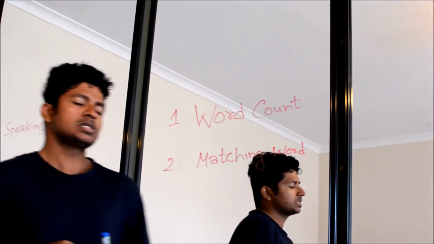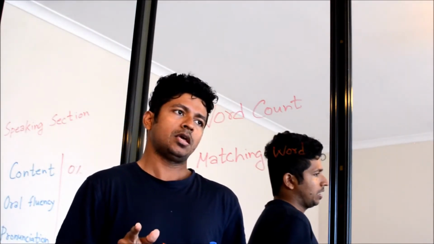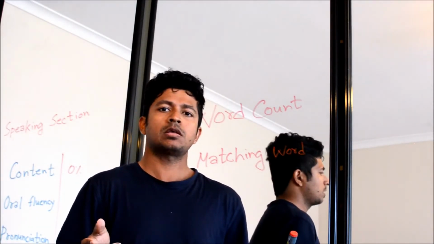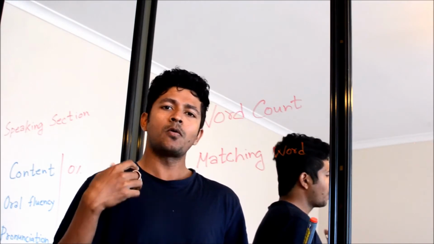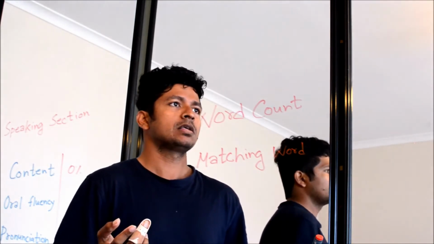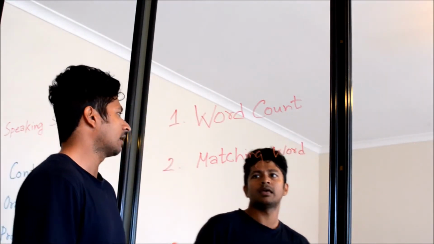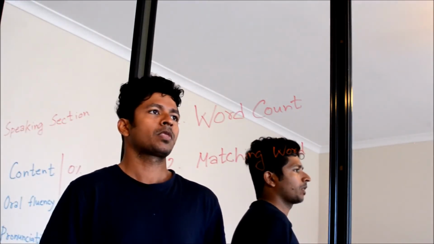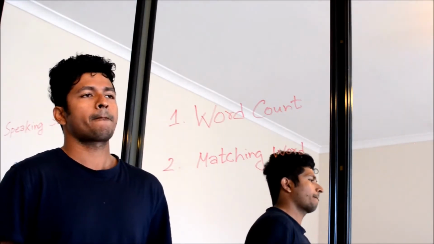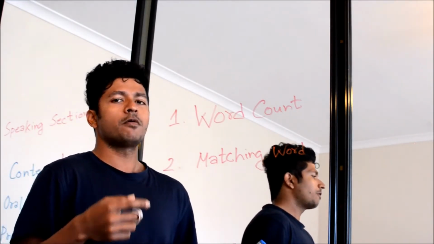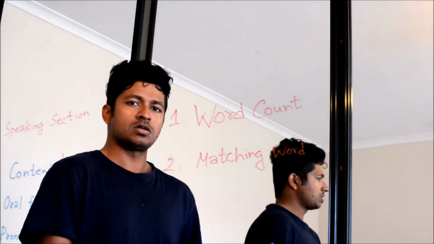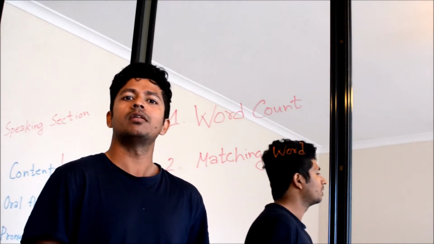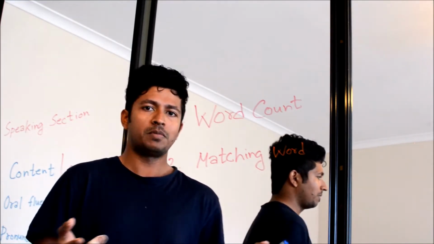What they do is, for the content, they have a set of words, and if in your speech you have those words, then they get the content right. So you will get marks for the content. For the fluency, if you're speaking only 10 words in 40 seconds, then definitely you are a terrible speaker.